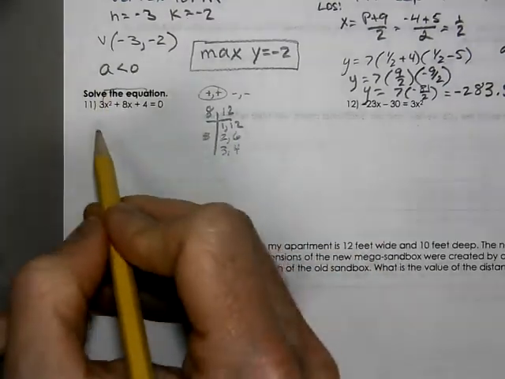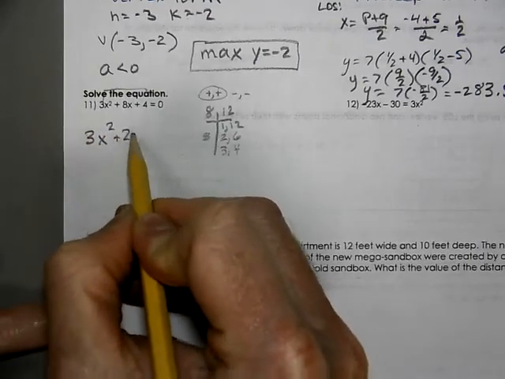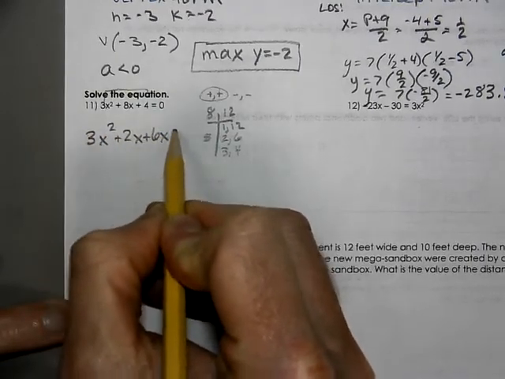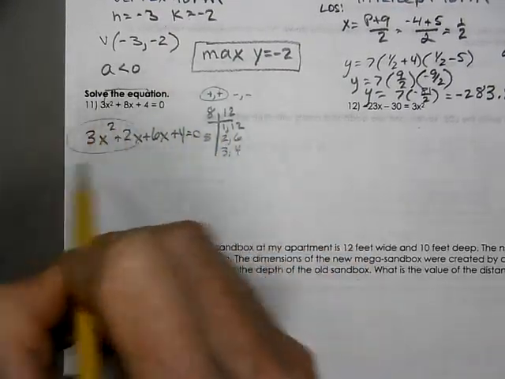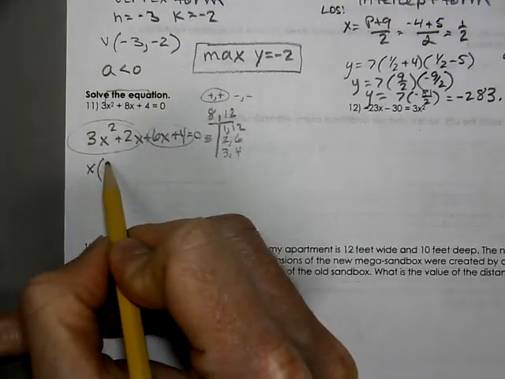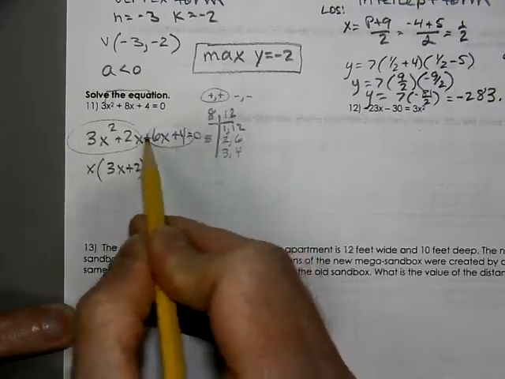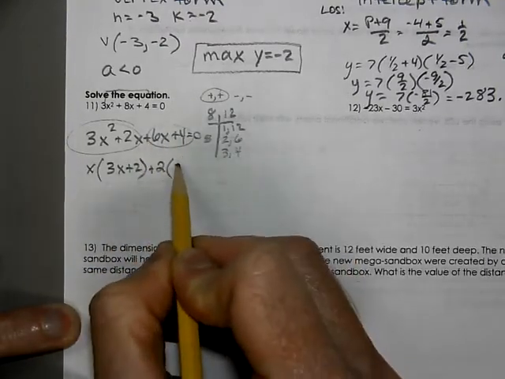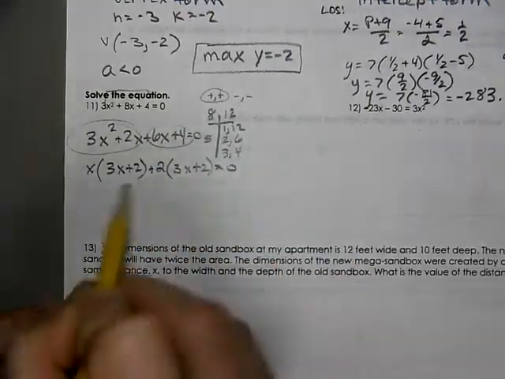So we can solve this now by factor by grouping. You may use the box if you wish. We look at the first two numbers, we look at the last two numbers, we factor out our x. Bring down your sign, factor out the 2. Remember what's inside the parentheses has to be exactly the same.